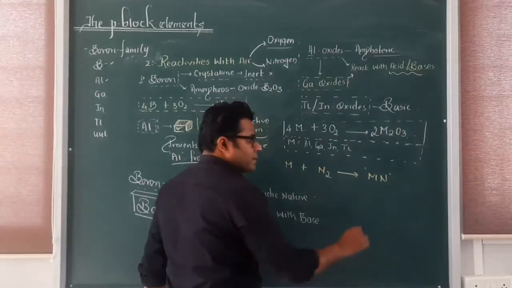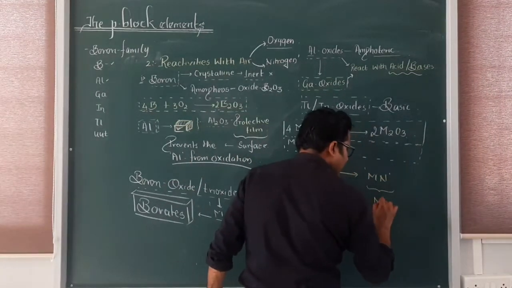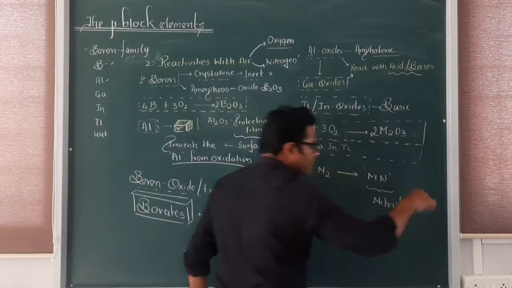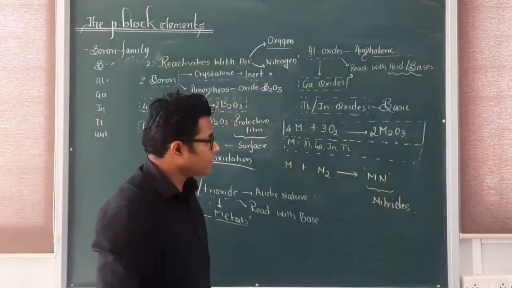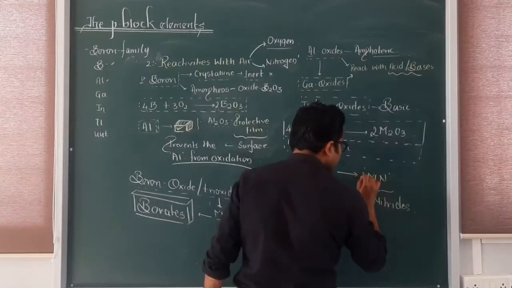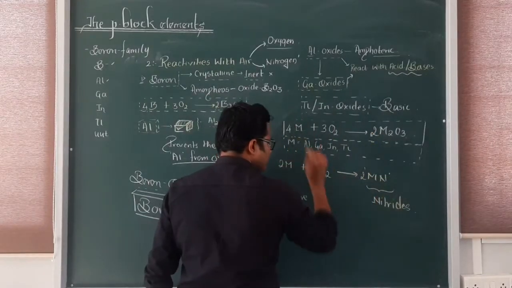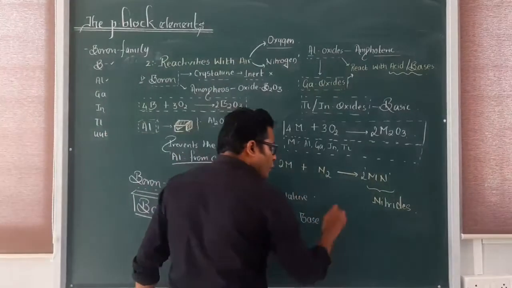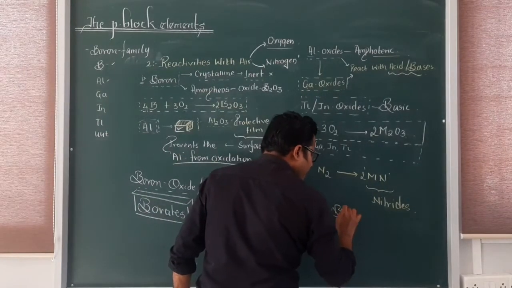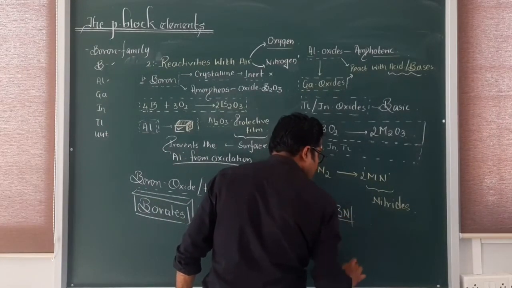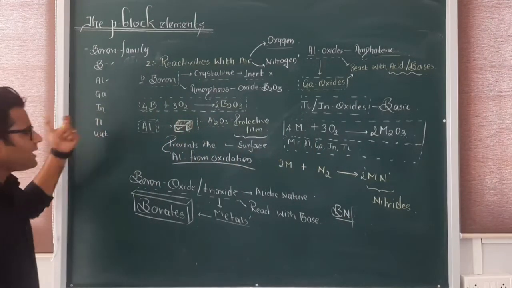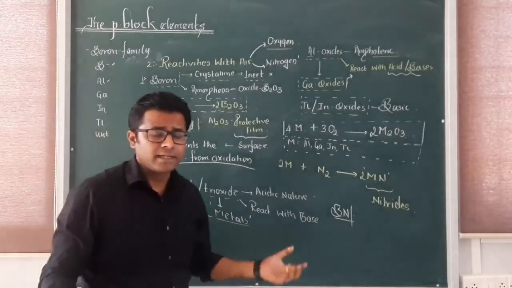Now here, these compounds we call them nitrides. Okay, in order to balance it, let's take here as 2, here as 2. Okay, so you have boron nitride. Similarly you have aluminum nitride, gallium nitride, indium nitride, thallium nitride.